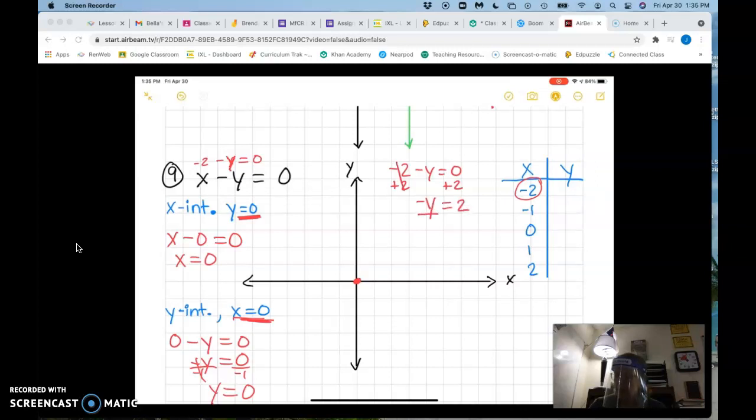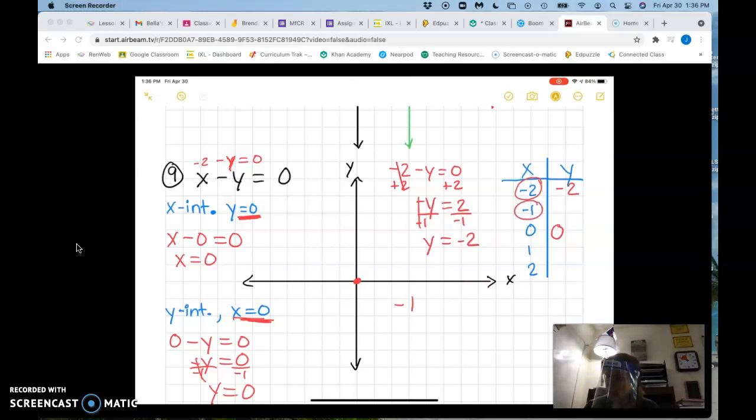And then I have to get rid of that negative on the y. So when x is -2, y is also -2. And we already did 0. Remember, we plugged in 0, we got 0. So that one's done.